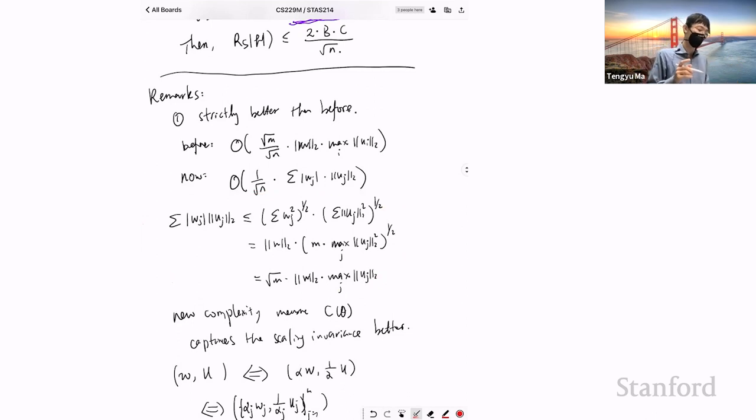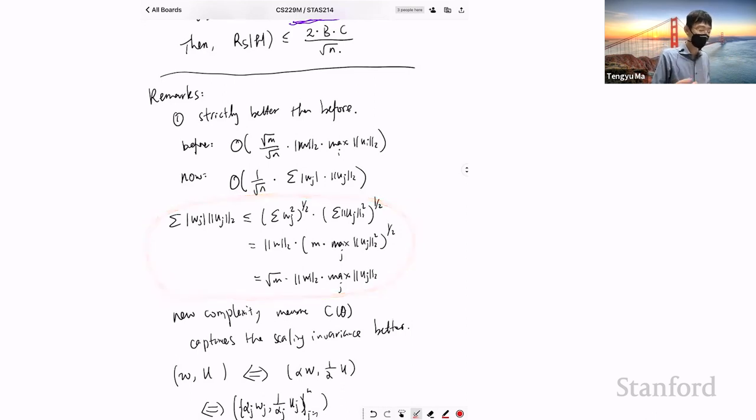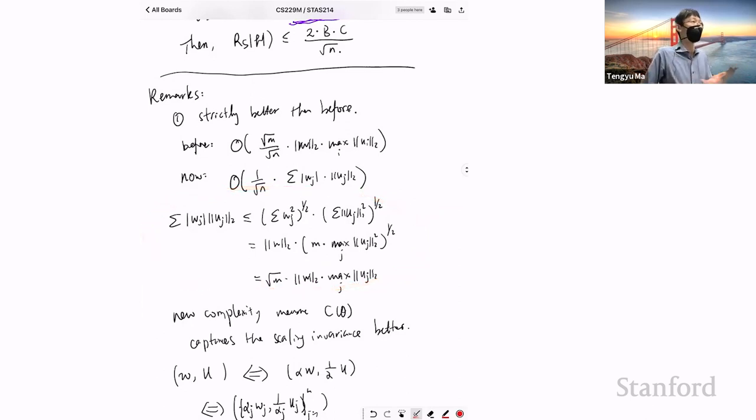But the thing is that this is not always tight, and you probably shouldn't expect it to be tight. It shouldn't be the case that all the WJs and UJs are the same. You probably should have a decaying WJ. As you have more and more neurons, you're going to have smaller and smaller WJ. There's no way that this is tight for all m. It can be tight for one m, but if you add more neurons, it wouldn't be tight.